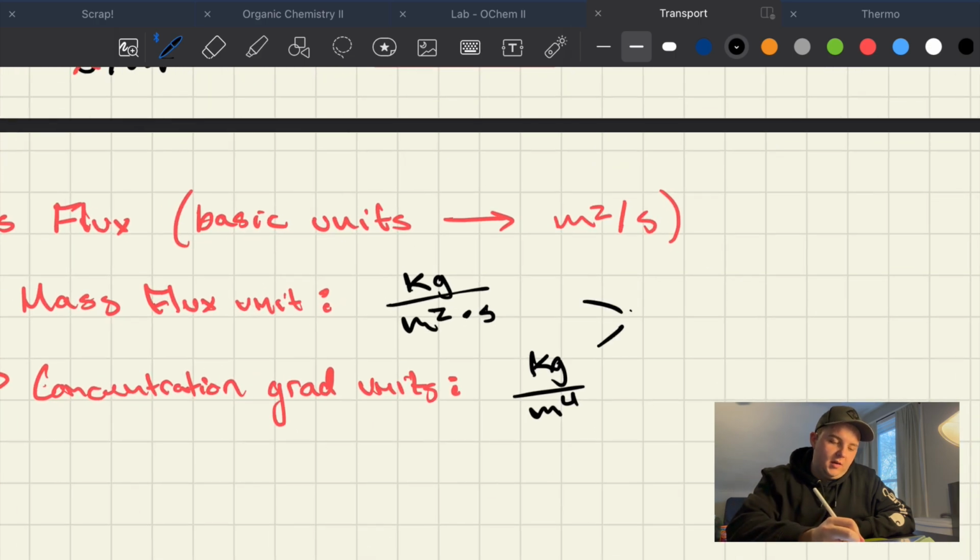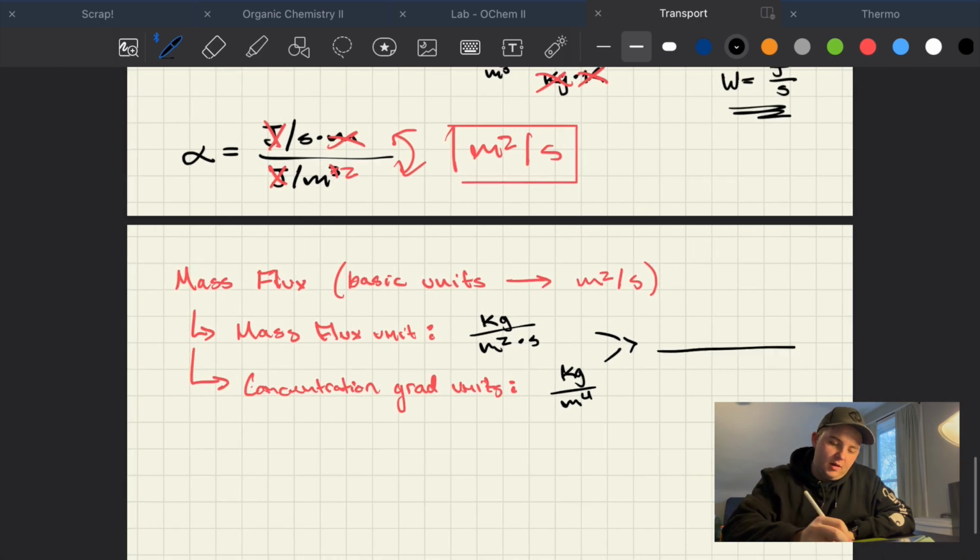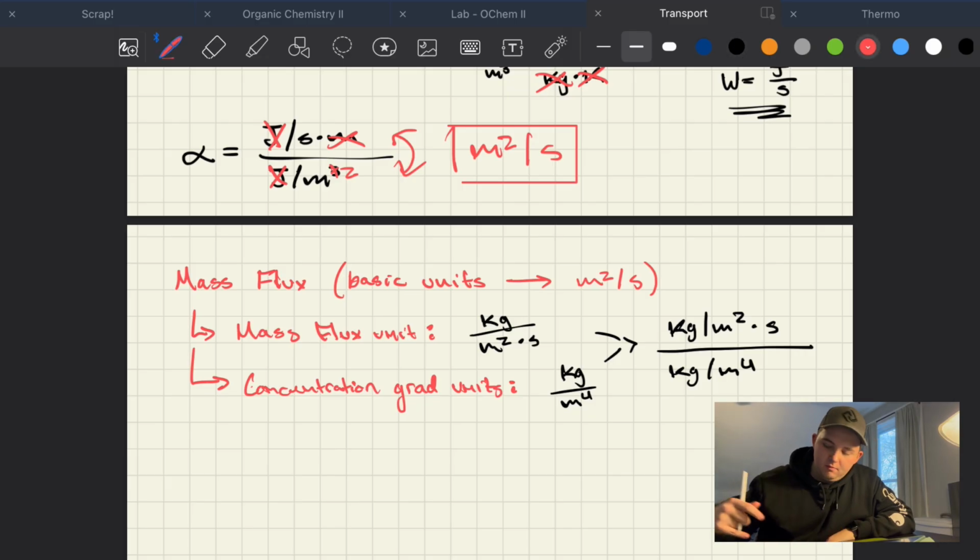So we're going to do exactly what we've been doing and set up this ratio. So we're going to have kilogram per meter squared seconds and kilogram per meters to the fourth. So what we're going to have here is our meters are going to cancel, well, not all of them. Let me go back. Well, this meter will cancel all the way.